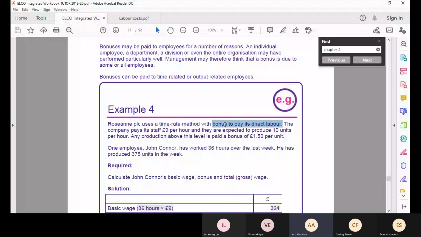The company pays staff £9 per hour, and they are expected to produce 10 units per hour. Any production above this level is paid as a bonus. Any production above 10 units per hour will be paid a bonus of £1.50 per unit.